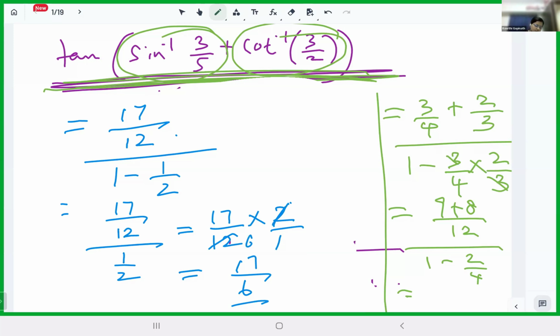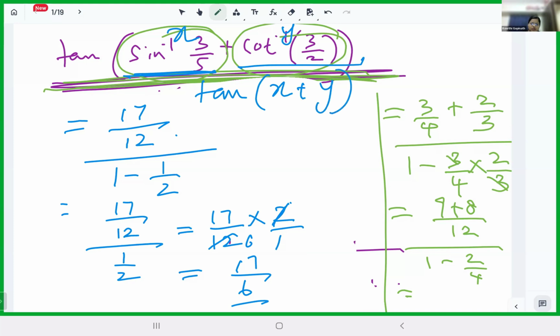So have you got this? Here we substituted x as sine inverse of 3 by 5 and y as cot inverse of 3 by 2. From that we obtained the values of tan x as well as tan y. And since this is given as x and this is given as y, the question now became in the form of tan of x plus y.